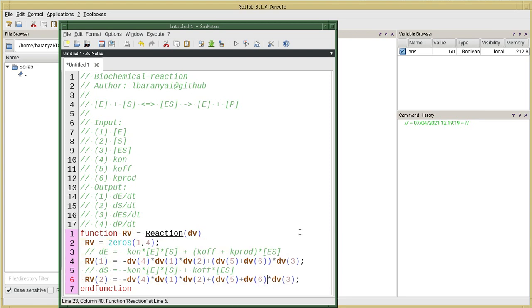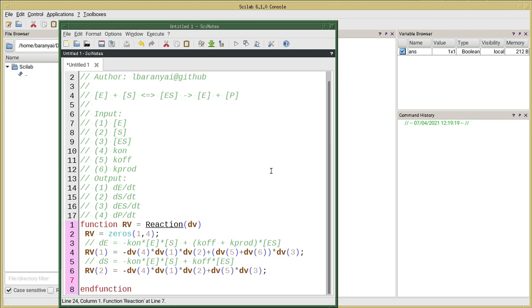So the 6 should be deleted, and now it's ready. Only number 5 multiplied by number 3. So k-off multiplied by the enzyme substrate concentration. This way we have dependent differential equations, and we solve all of them at once.